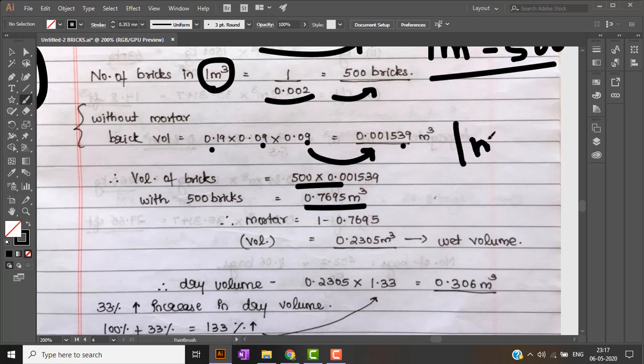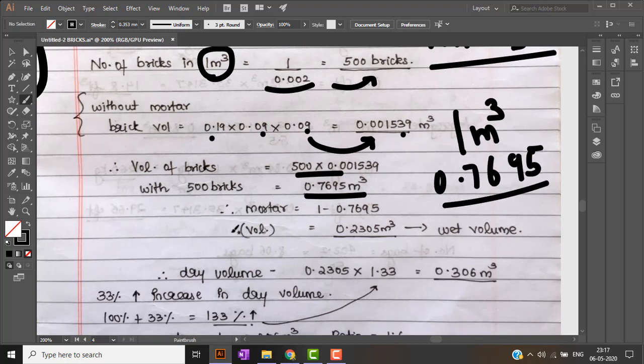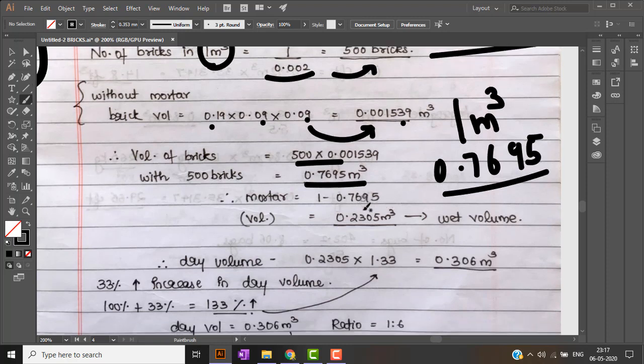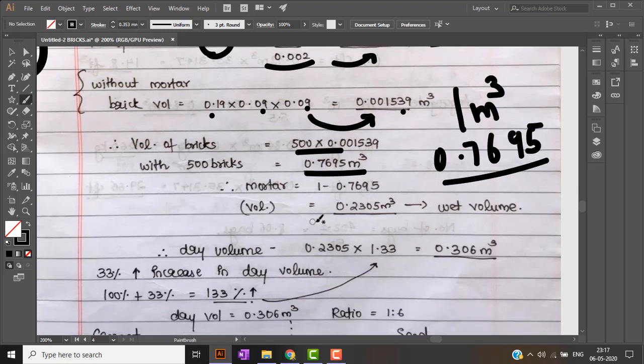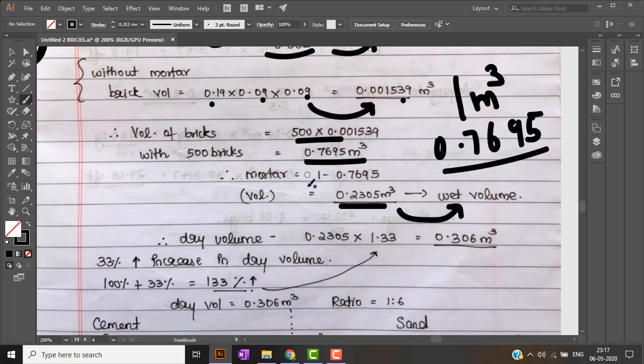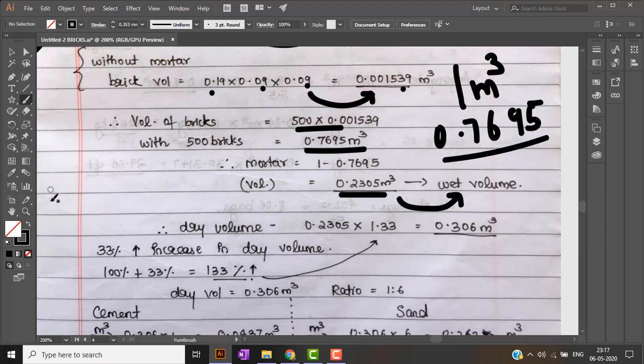So in 1 meter cube of construction, there is 0.7695 meter cube of brick volume. Therefore, the mortar volume will become 1 minus 0.7695, that is 0.2305. This is the wet volume of mortar, because water will be added to mortar so that it could give the binding property.